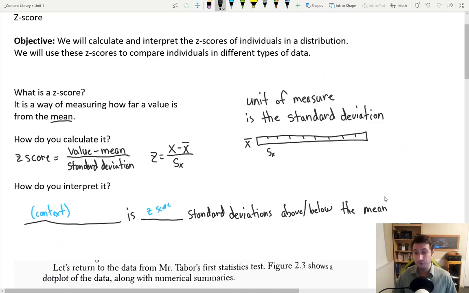How far above or below? That is measured in standard deviations, either above or below the mean.